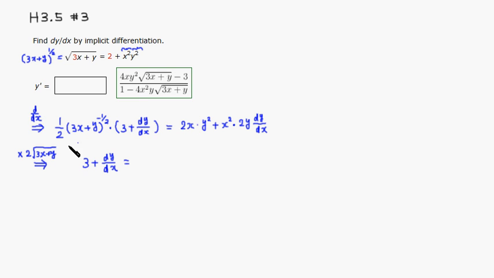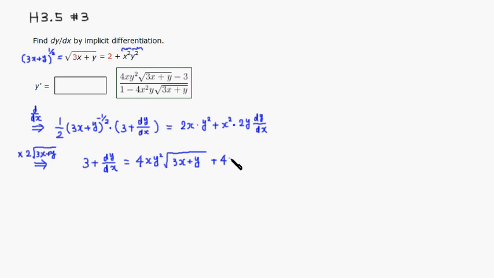So let's do that. So 2 times 2 is 4. Right, then you have x y squared. Then you have a square root of 3x plus y. Right, then we multiply that by same thing. So you have 2 times 2 again, so it's 4.